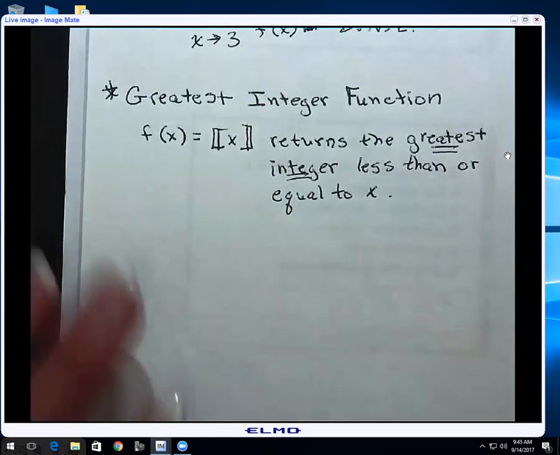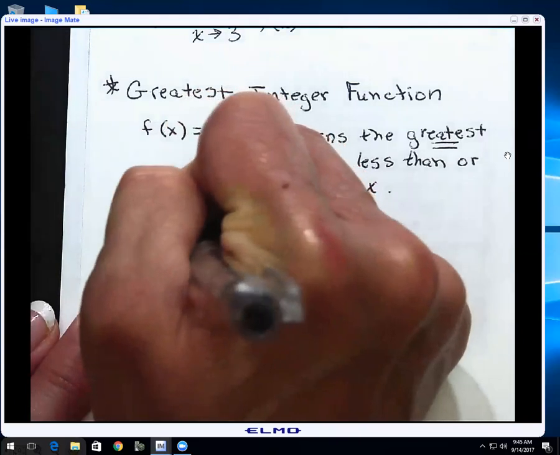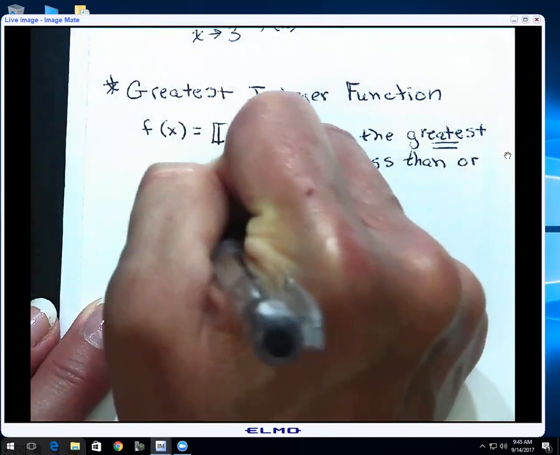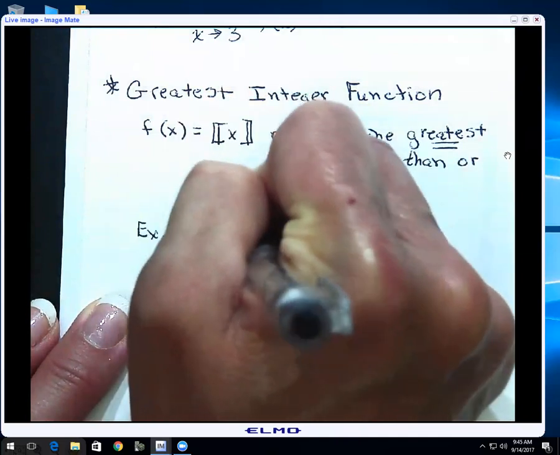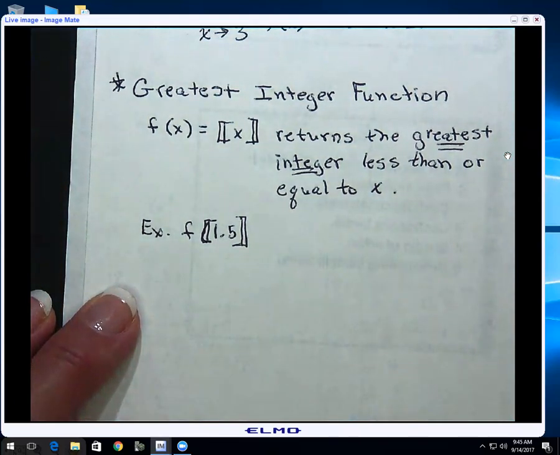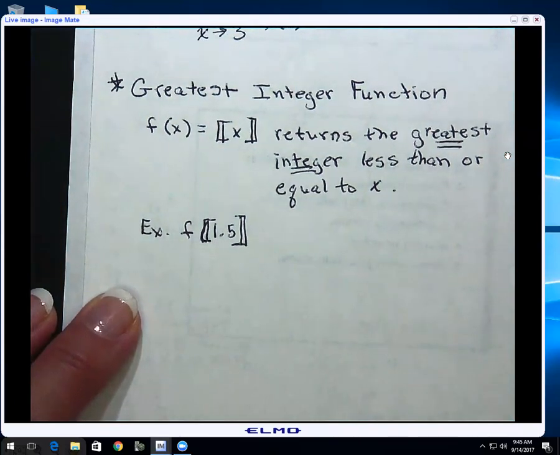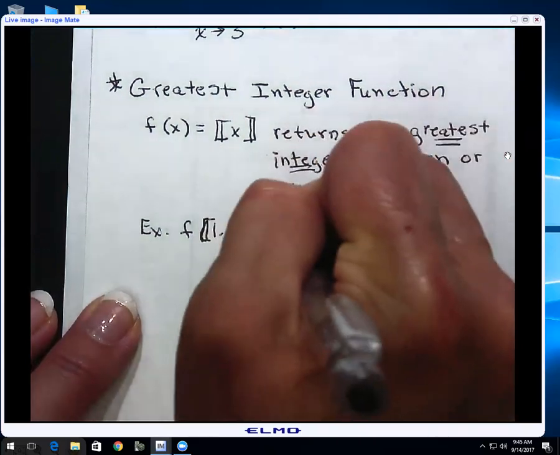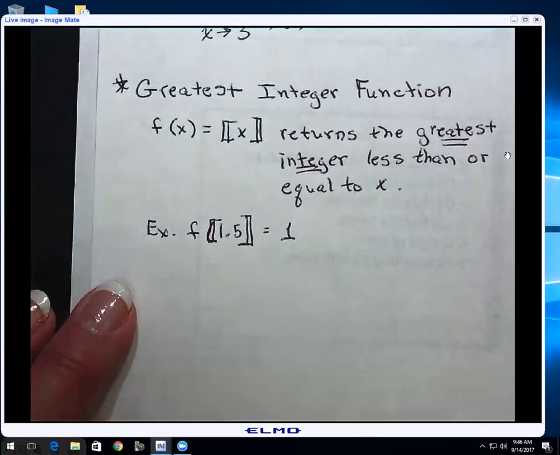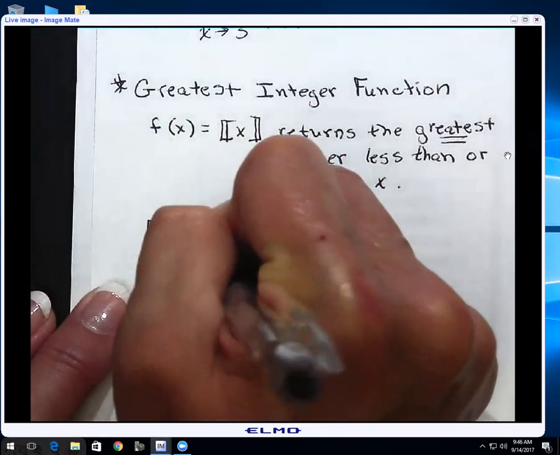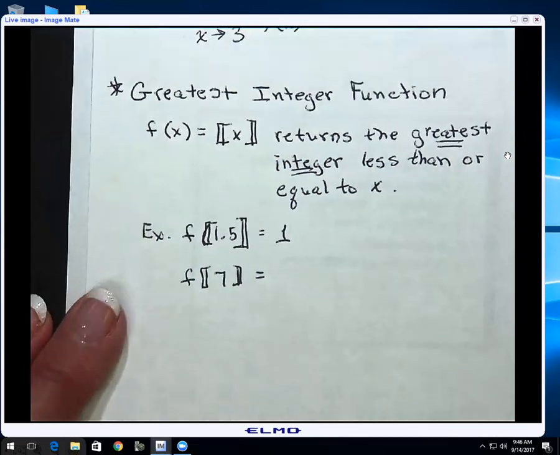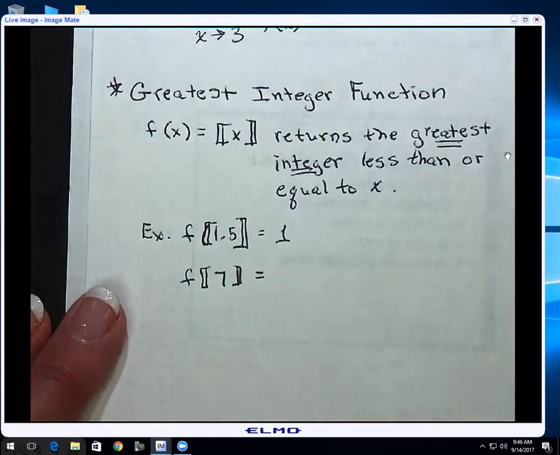For example, if I put in a 1.5, then what is the greatest integer less than or equal to 1.5? If I put in a 7, what's the greatest integer less than or equal to 7?